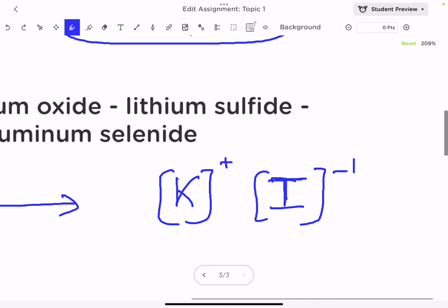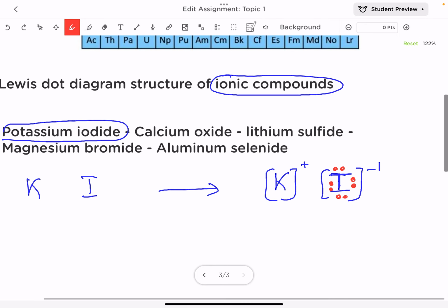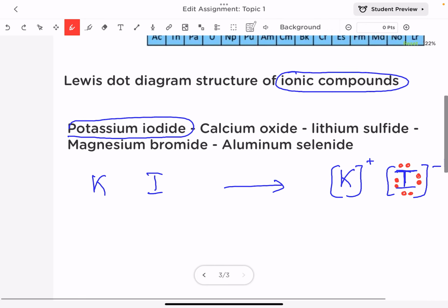Now follow this rule. For the positive ions, don't put a single dot on it, because all the valence electrons were donated and given to I. And every negative ion, you have to place around it 8 dots. So this is the Lewis structure of an ionic compound.